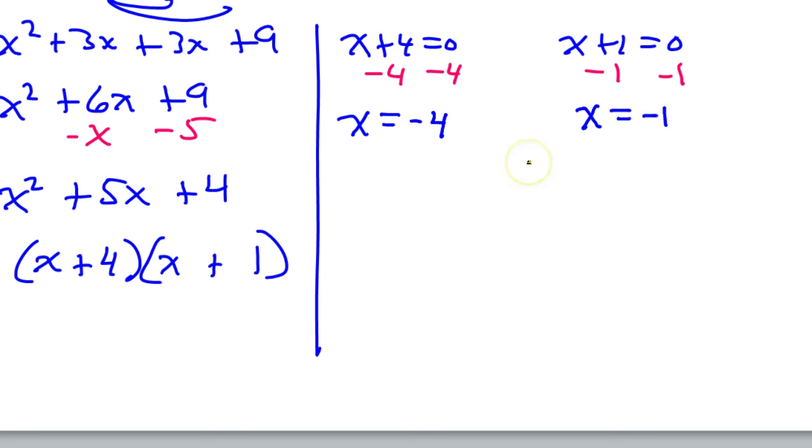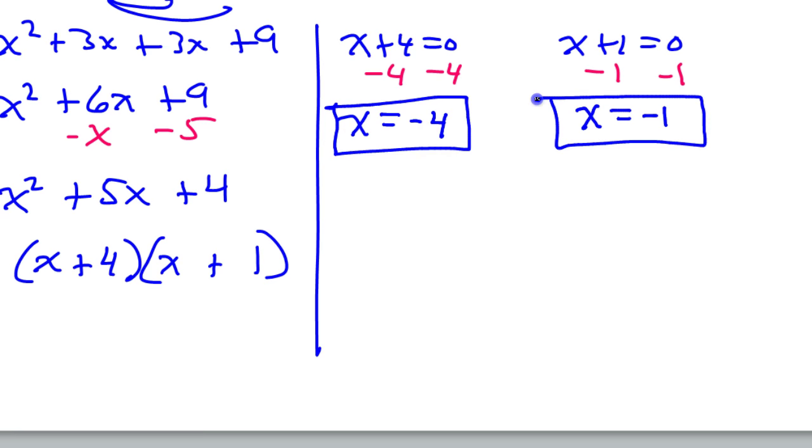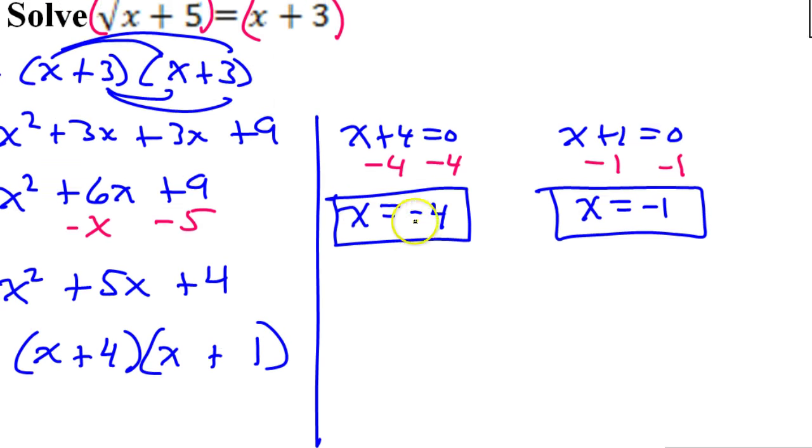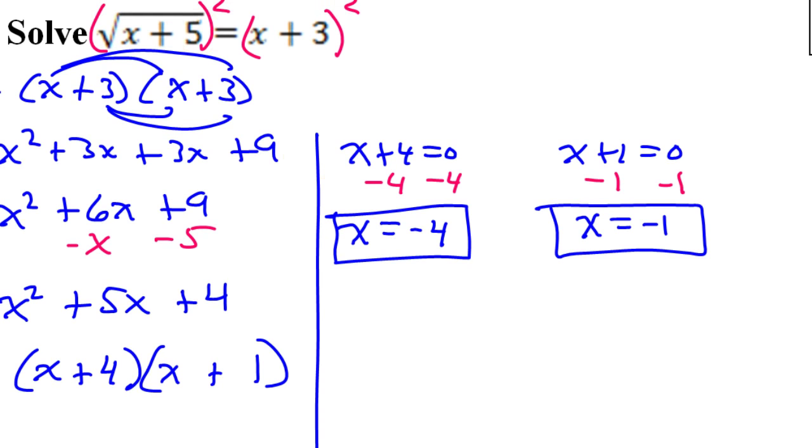Okay, now we just have to make sure that both of these solutions actually work when you plug them back in. Because sometimes one or both of these are extraneous, meaning they don't actually work when you plug them back in. So I'm going to do my check here in green.